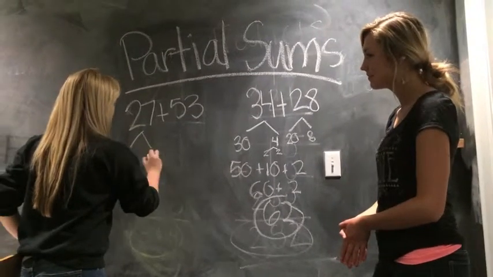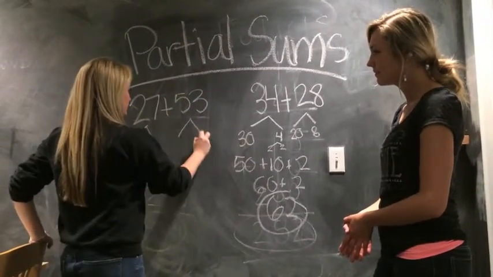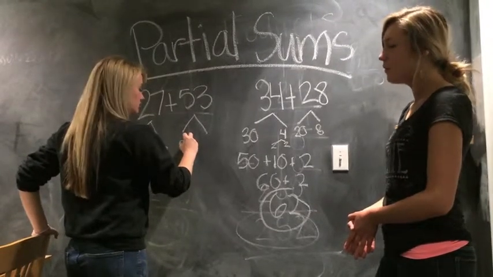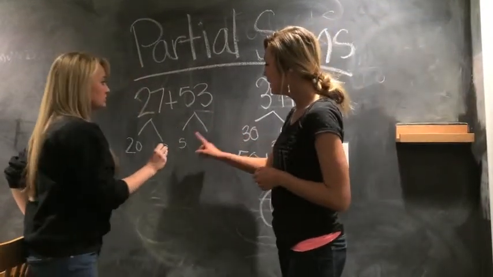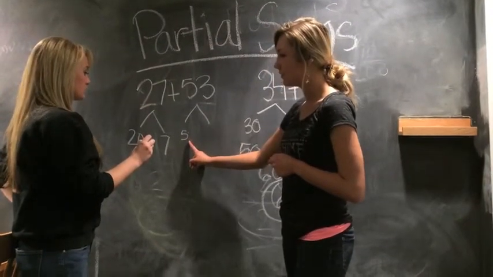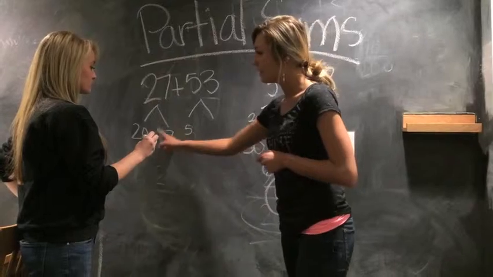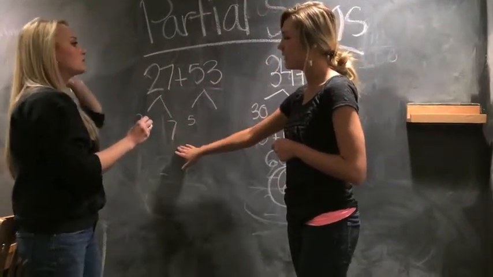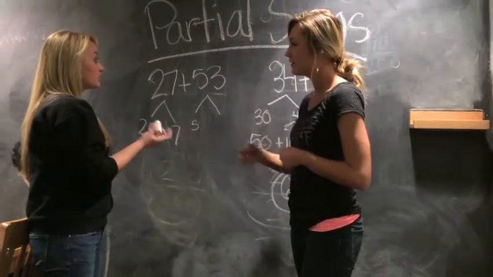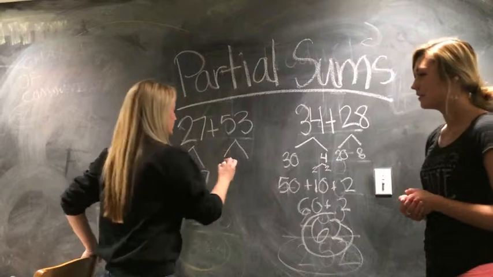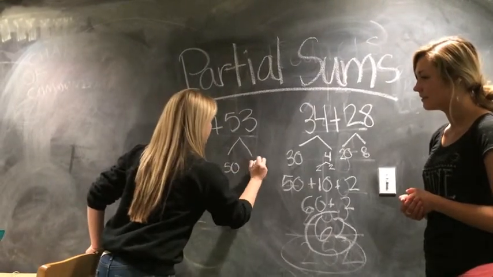And then the 53 into 52 plus 1. Well, 52 plus 1 would give you a 1 and a 52. But if we look at the 7 right here, is there anything in 53 that could make the 7 a little more friendly? 3. Because that would make a 10. Perfect.